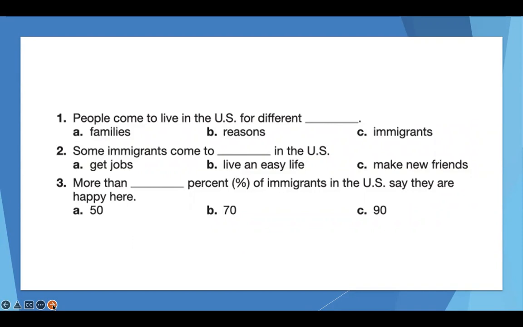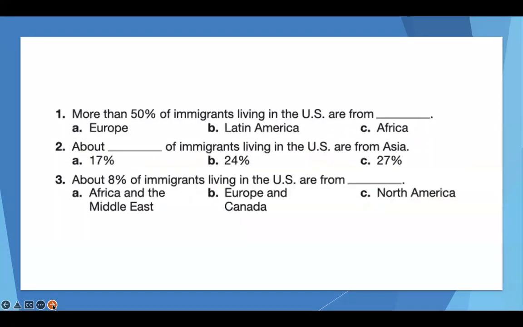Number 3, more than A, 50, B, 70, or C, 90% of immigrants in the US say they are happy here. More than 50% of immigrants living in the US are from A, Europe, B, Latin America, or C, Africa.